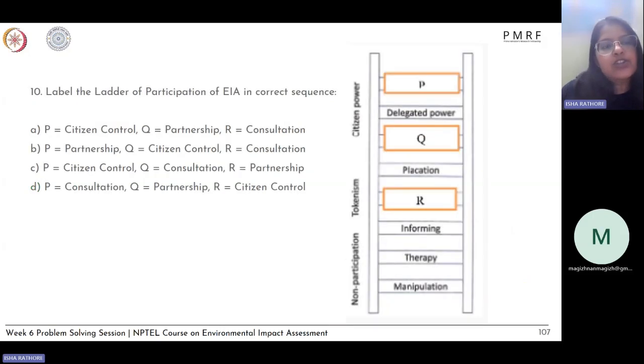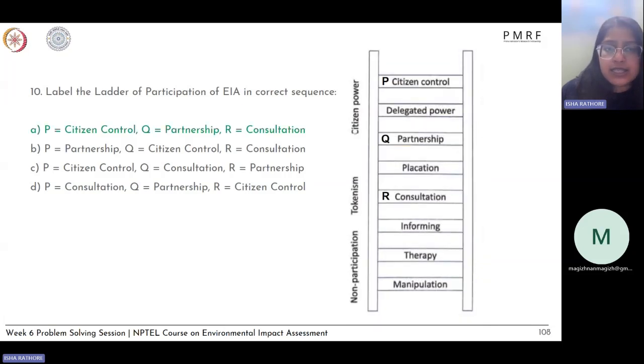Moving on to the next question. 10. Label the ladder of participation of EIA in correct sequence. So we have P, Q, and R. So is it option A? P is citizen control, Q partnership, R consultation. So these are the three terms which are missing, and then you need to ascertain the order of P, Q, and R. So the correct answer is A, that is P is citizen control, Q is partnership, and R is consultation.